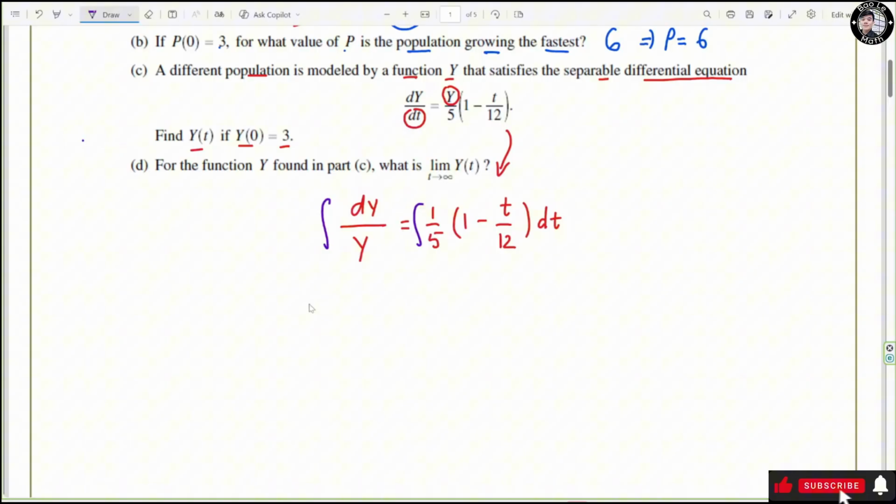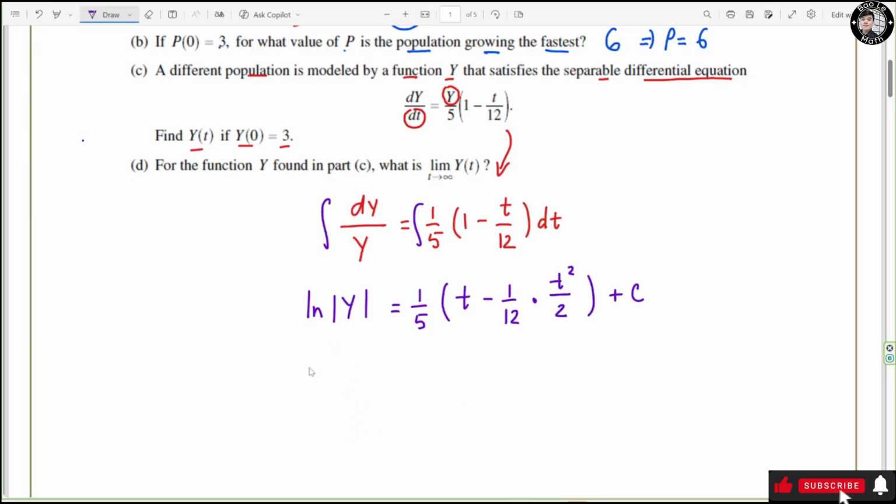So the left hand side turns out to be ln absolute value of y equals. Now the right hand side, I just put 1 over 5 in the front. The antiderivative of 1 is t. The antiderivative of the other term, rewriting 1 over 12, is multiplied by t squared over 2, plus c.